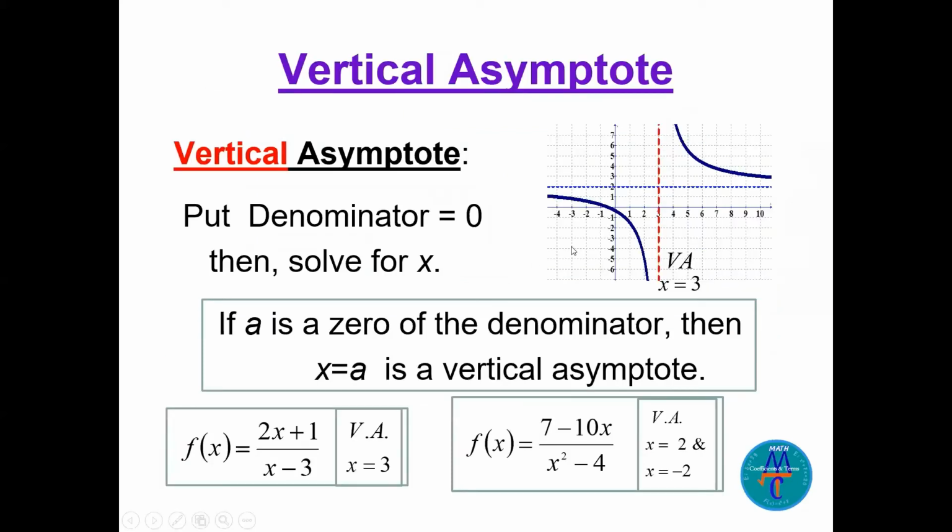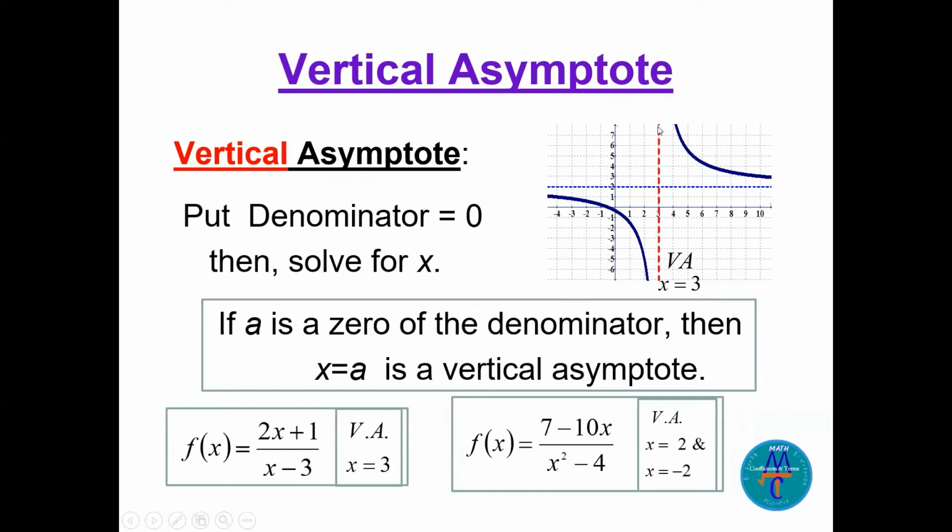A vertical asymptote. It's a vertical line, an imaginary line. It's a number that will make the denominator 0. So if you look at this rational function, 2x plus 1 divided by x minus 3, what will make the denominator 0 here? x is equal to 3.